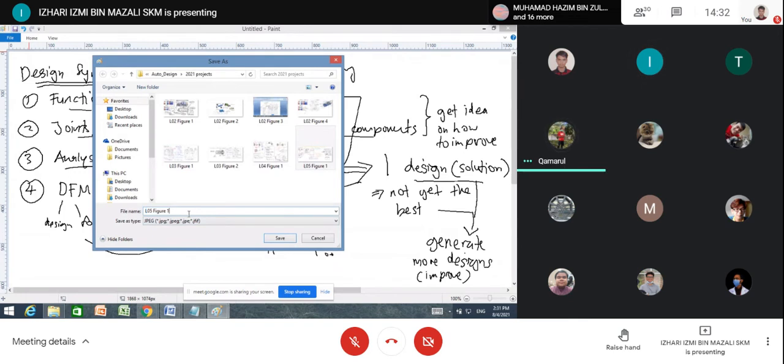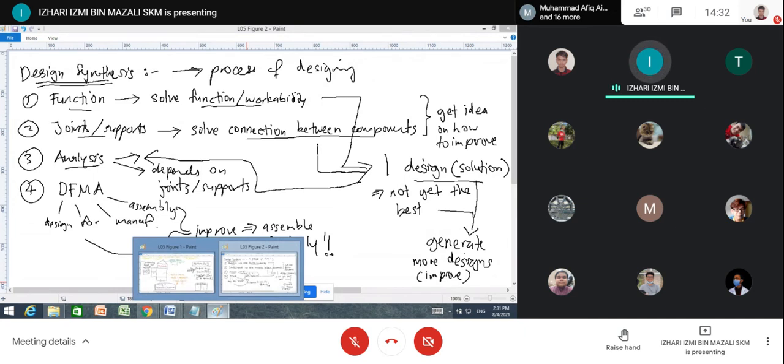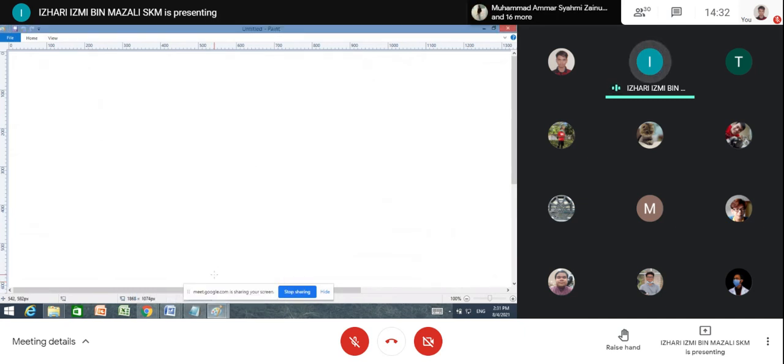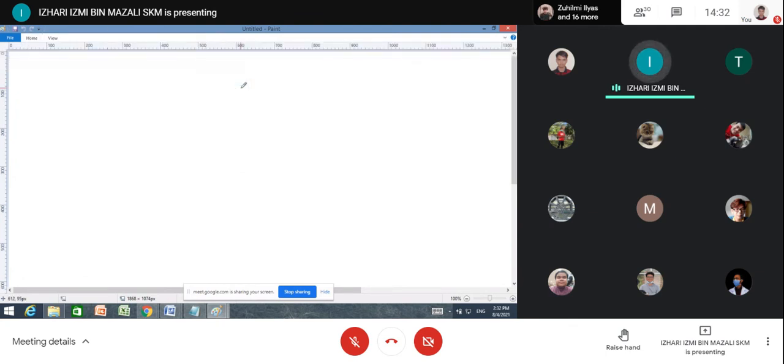Okay. No. We try to do one example, basically regarding the function. Okay, let's try. Maybe we can try to do an example to address number one, the function, by focusing on the powertrain system. Alright, so what is the function of a powertrain system?